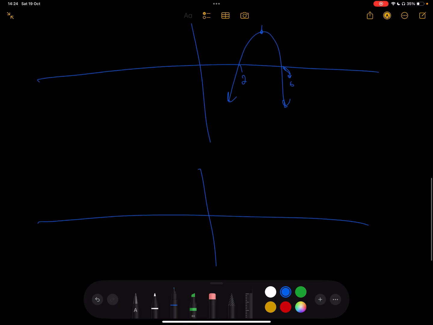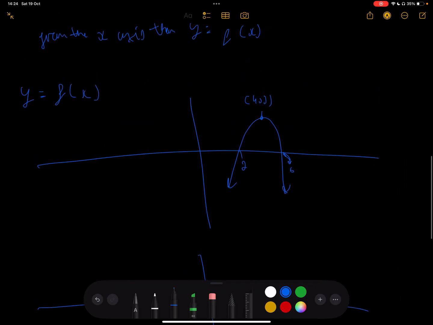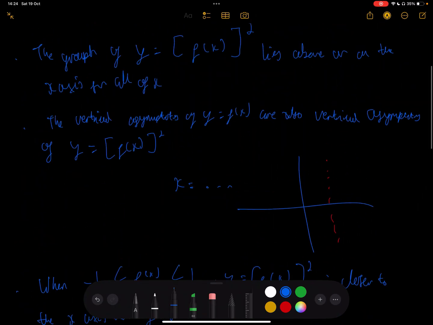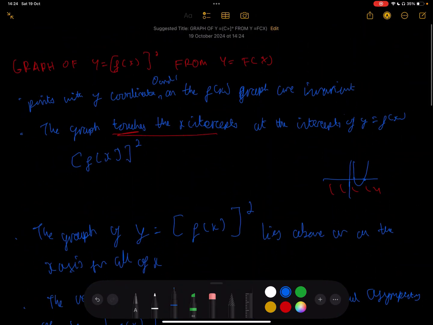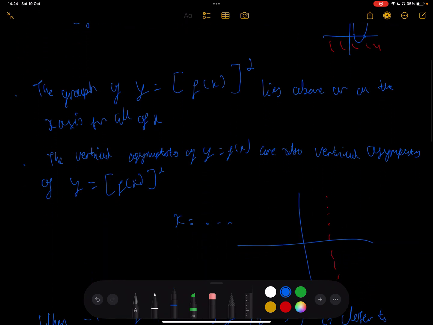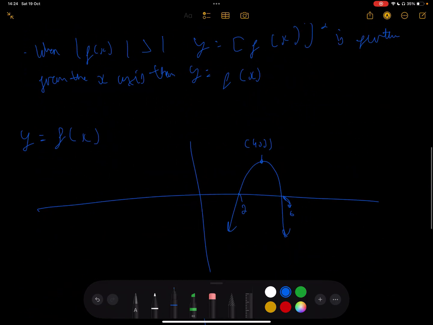Well, we know that the graph of f of x squared can only touch the x-axis here. It can't actually intercept the graph, right? And we also know that points with y coordinate 0 and 1 on the graph f of x are invariant. And we also know that it lies above the x-axis.